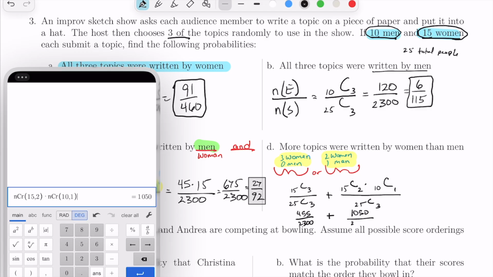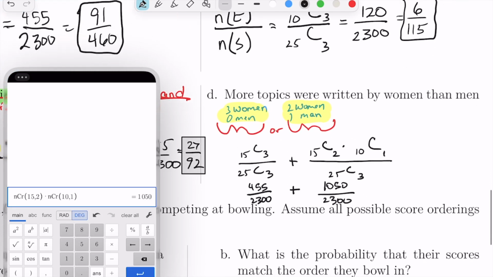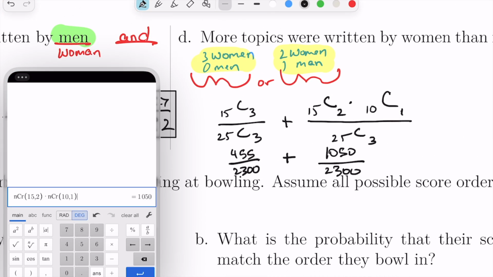And look, the bottom is also 2300 because it's 25C3. Now, the reason why I wrote these separate is so that you can actually see the first one is the probability of 3 women and 0 men. Okay. And it says that, listen, that one works. Or if we have 2 women and 1 man, and that would be this individual probability. Okay. And that one also works. And because they have the same denominator, we can really just add those together. I actually don't even really need a calculator for that. Don't get me wrong, I'm going to use it because I'll make plenty of mistakes.